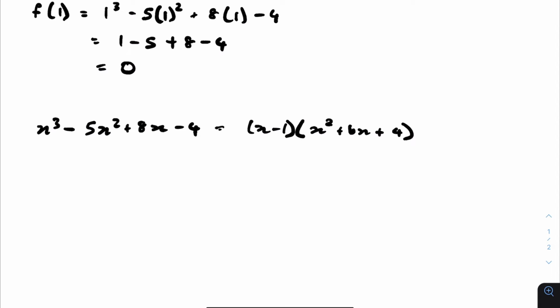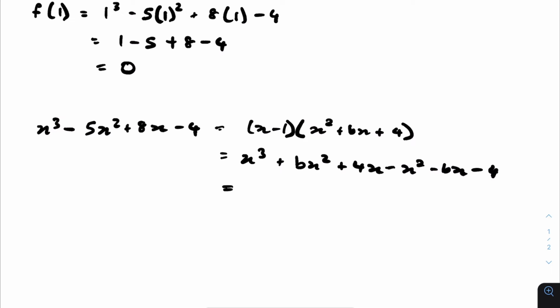Now, the variable b is a little bit harder to solve for. We need to actually expand this entire thing in order to get it. When we expand this, we get x cubed plus bx squared plus 4x minus x squared minus bx minus 4.